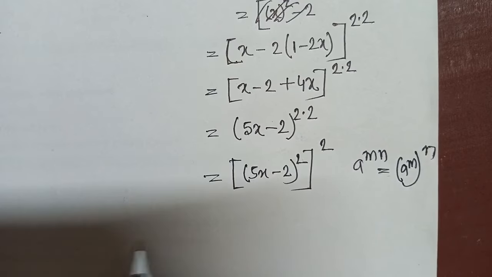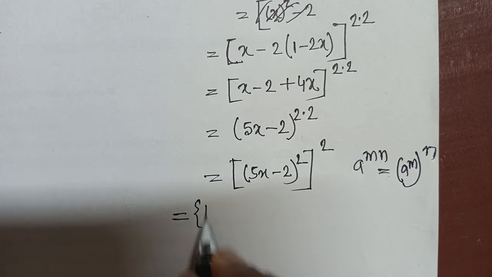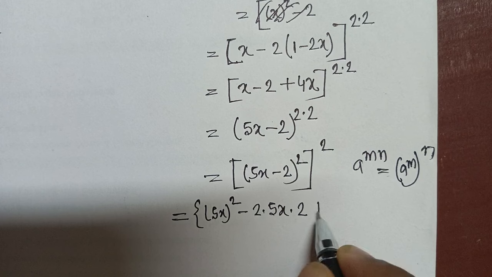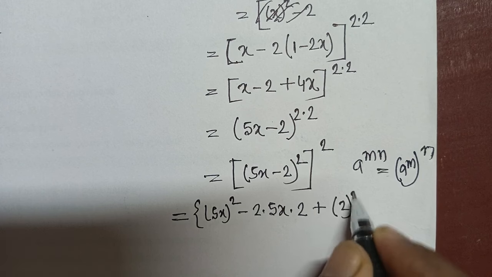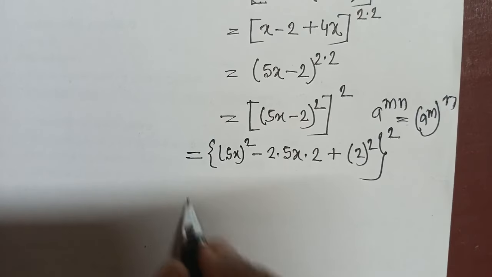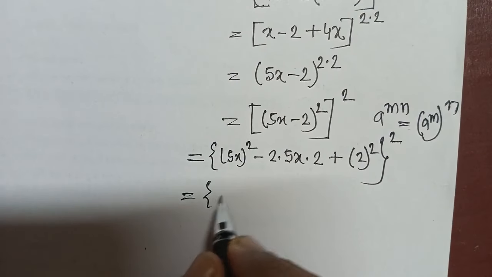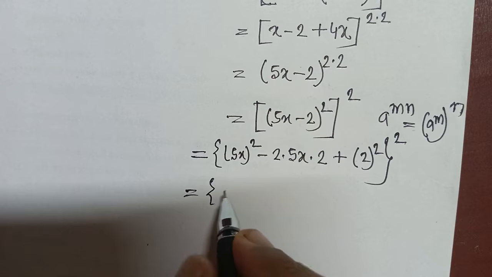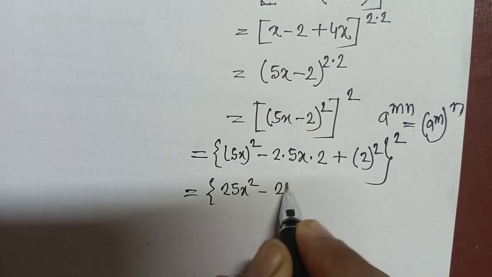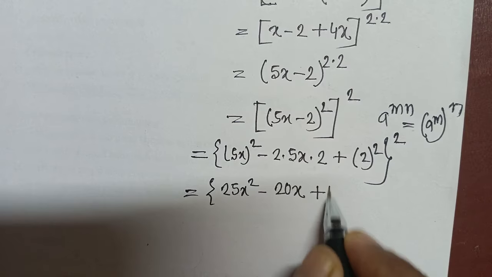We have applied the same here. If we expand this, we get 25x² − 2·5x·2 + 2², so 25x² − 20x + 4.